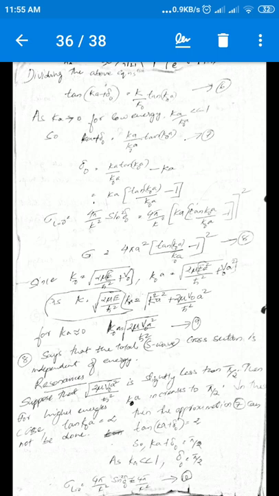So you can write tan(ka + δ0) as ka + δ0 only, since ka is very small.